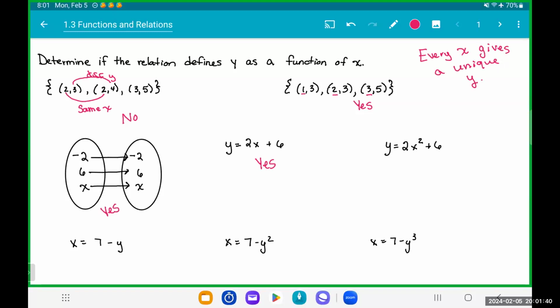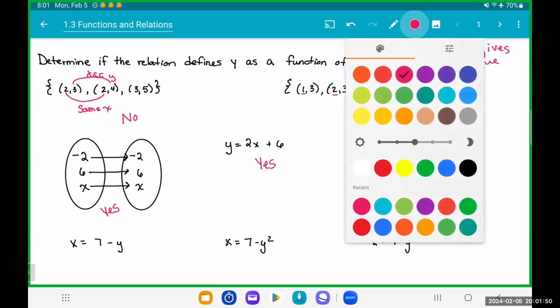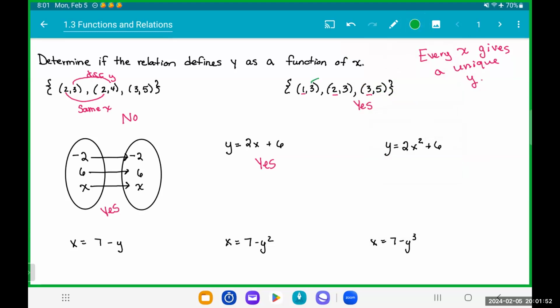Exactly. You cannot have a repeated x, but you could have a repeated y. So, for example, if I had, in this case here, you could see this here repeats, right? But these are different x's, same y.